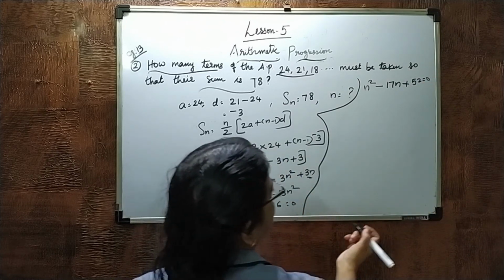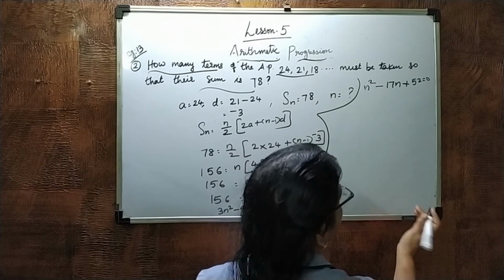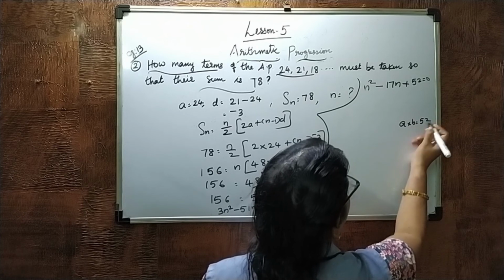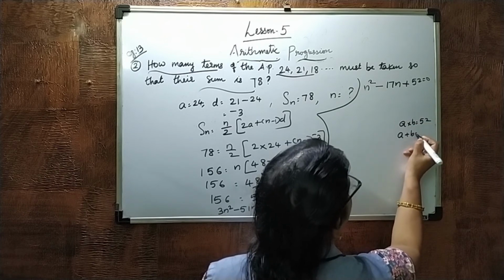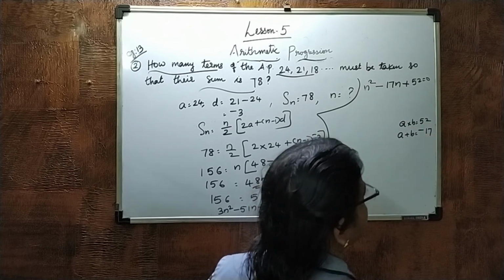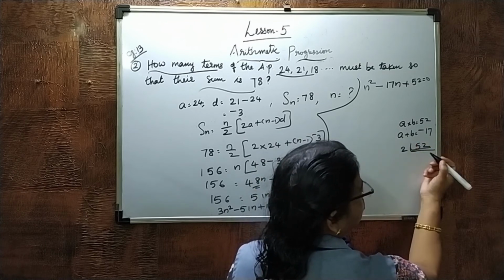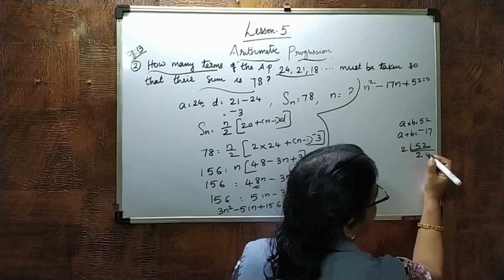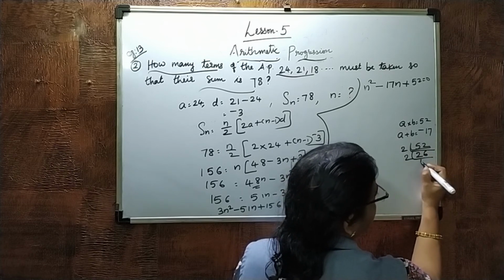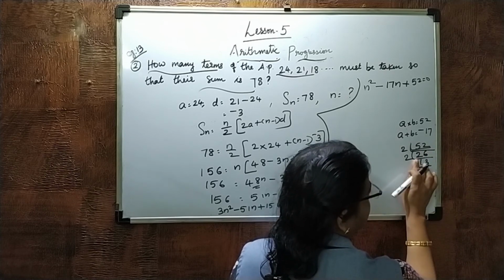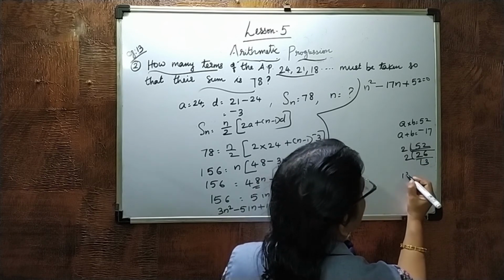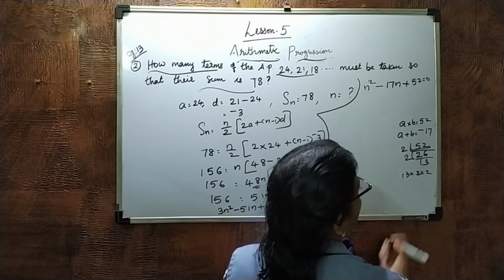Now we can use splitting the middle term. So a into b is equal to 52 and a plus b is equal to negative 17. Just factorize 52. 2 2s are 4, 12 means it will be 6, again 2 means it will be 13. Then 13 is a prime number, right? Now 13 into 2 into 2.